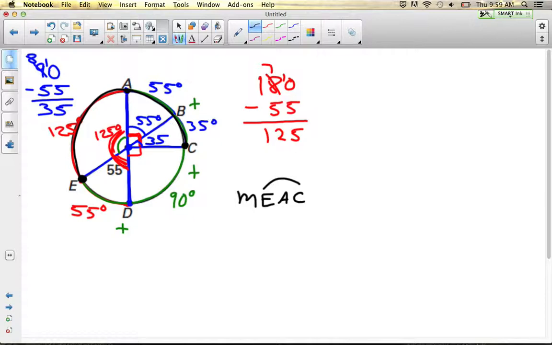All you're going to do is add 125 plus 55 plus 35, and that will give you the measure of this arc. And that's how you find missing arcs in a circle.